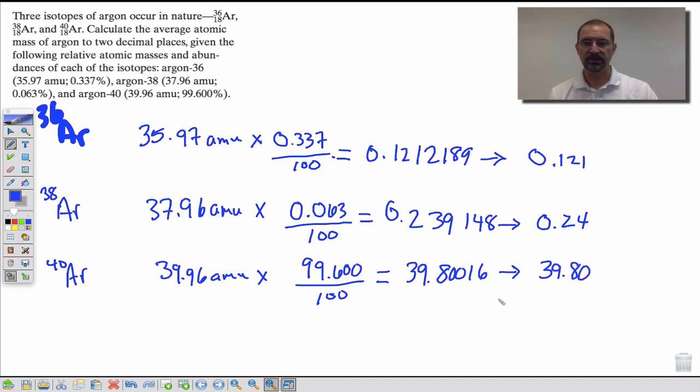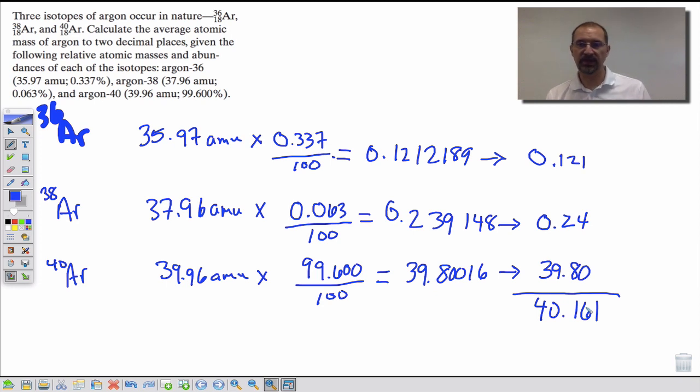Now I've got to add all those up so that I can get the average atomic mass: 39.80 plus 0.24 plus 0.121. That gives me a grand total of 40.161. Well, now I've got to apply the rules for addition and subtraction with sig figs.